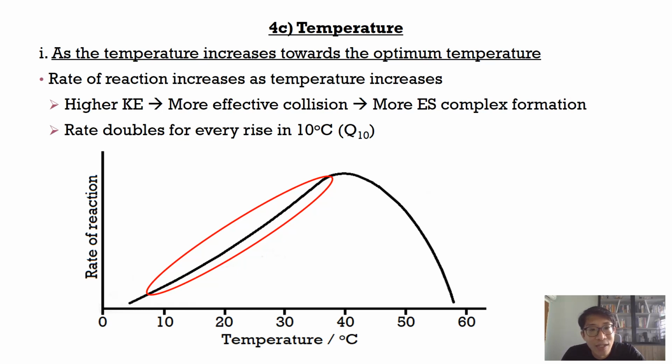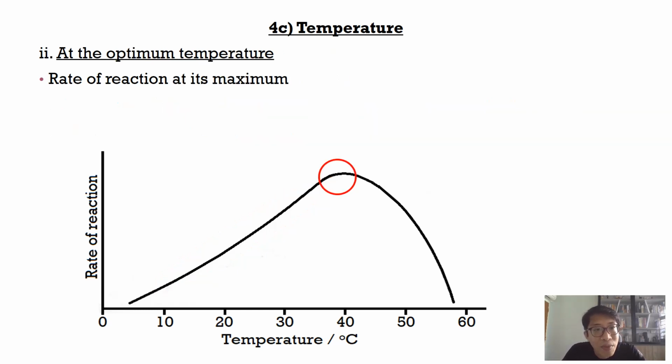This is known as the Q10 phenomenon. This increase in rate of reaction will occur as the temperature increases until the optimum temperature. The optimum temperature is the temperature at which the rate of reaction is at its maximum.